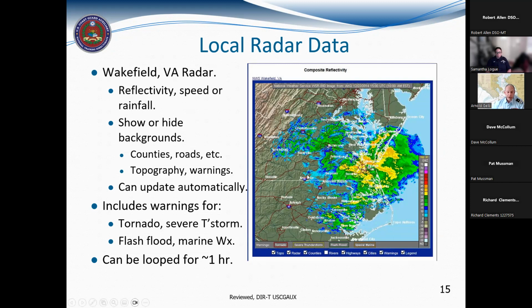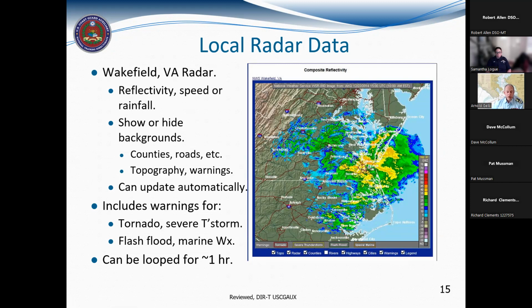You can display warnings. It updates automatically. In fact, you can loop this radar display, and if you did so, it would show motion to the northeast as part of the circulation around the low pressure system here.